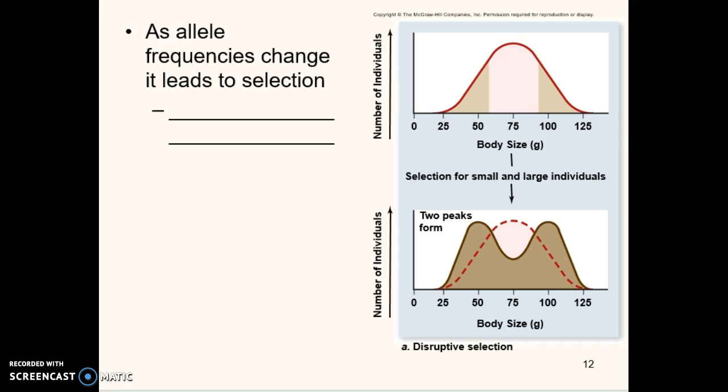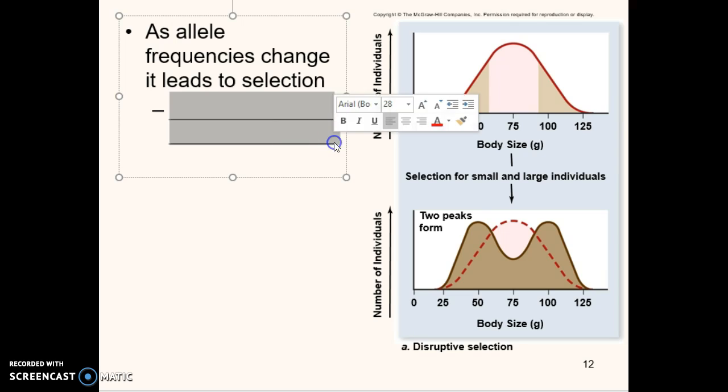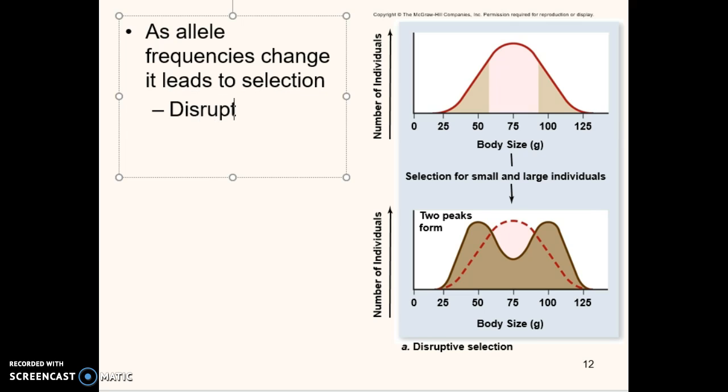Okay, so there's 3 different varieties we're going to see as the allele frequencies change when it's leading to these different types of selection. Okay, so start out with a population, and we're going to use a simple trait like body size. What we would do is take a look at the body size of the population and graph it. And in this example, you got a nice bell curve. Some small, some big, most of them in the middle.